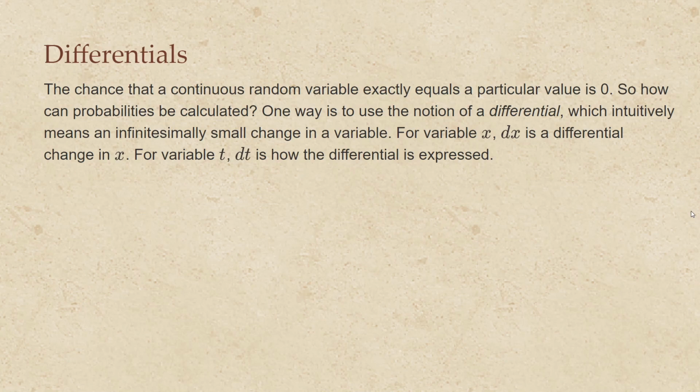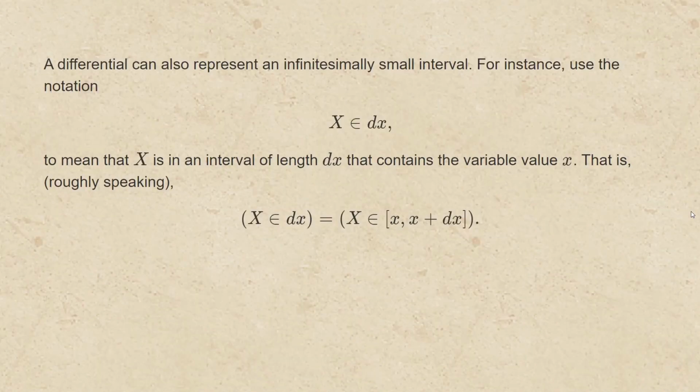One way is to use the notion of a differential, which intuitively means an infinitesimally small change in a variable. For variable x, dx is a differential change in x. For variable t, dt is how the differential is expressed. A differential can also represent an infinitesimally small interval.